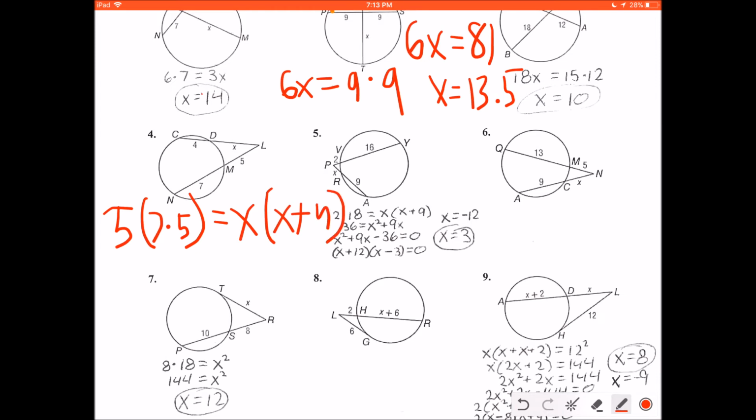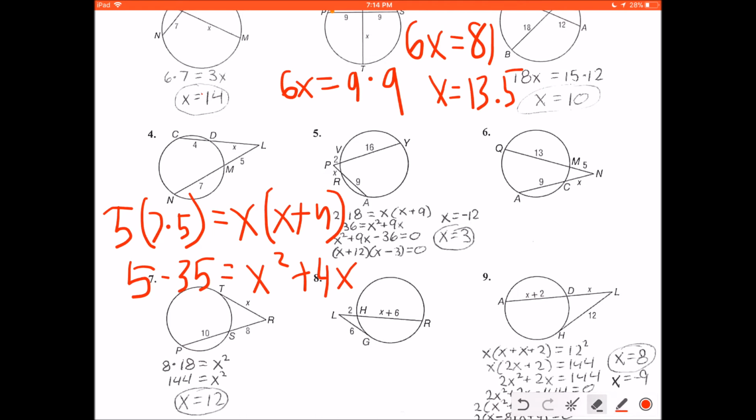So 5 times 35 equals x squared plus 4x. And you can do a quadratic, and you get two answers. Technically you can complete the square if you want to, but that's kind of tedious.